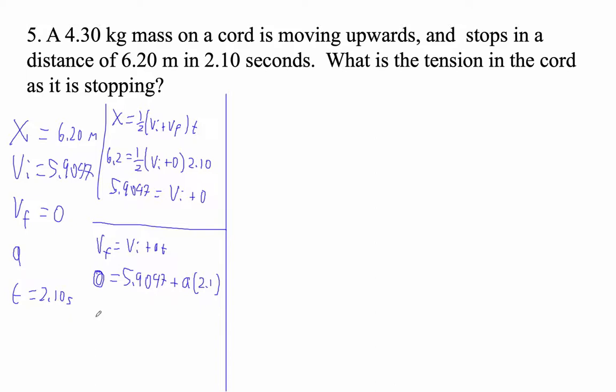Then negative 5.9047 equals a times 2.1. Divide both sides by 2.1, and I get negative 2.81179 meters per second squared.